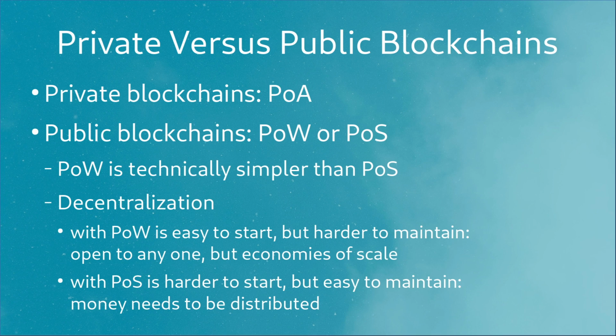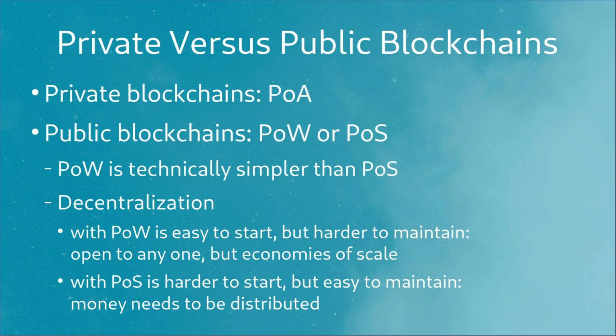If we then compare private versus public blockchains, a private blockchain is a blockchain that is shared between a group of organizations that know each other. Typically this is in logistics, so companies that share a logistics chain with each other typically share a private blockchain.